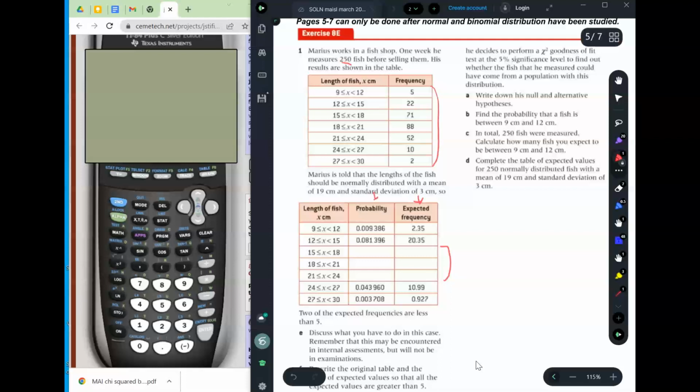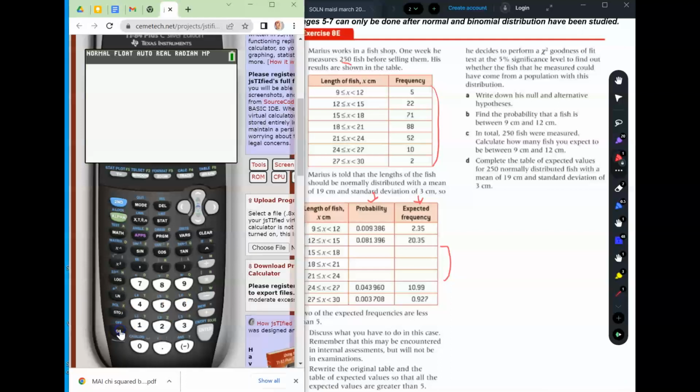Now, what about this column that says probability? Those just add up to about 100%. I say about 100% because what about the fish that are below 9 centimeters and above 30 centimeters? We didn't count those because they're very rare. So even if we don't count them, we're basically accounting for all the fish.